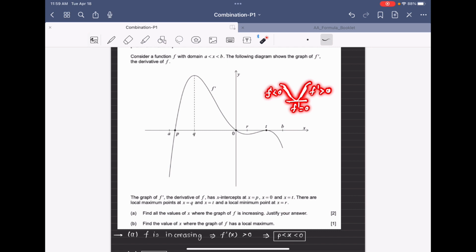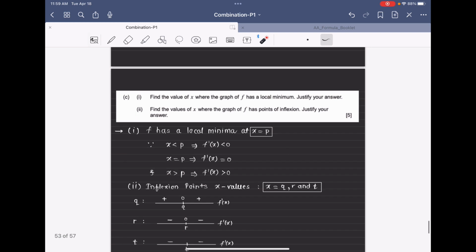So check which point. They said p. Before p value slope is negative because it is below the x-axis. At p, slope is 0 because f dash x is equal to 0 on the x-axis. And after p, you can see the slope is positive. So definitely p is your minimum point.